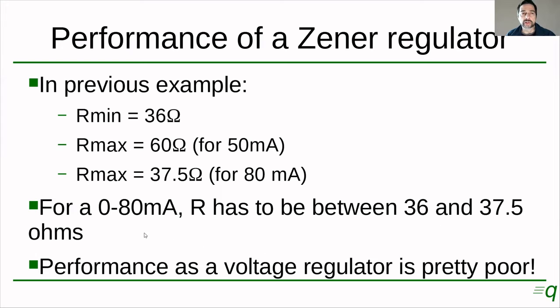And we are only delivering current in a range from 0 to 80 milliamps. 80 milliamps is not a lot of current, really. So this circuit that we saw here as a voltage regulator performs pretty poorly, okay?